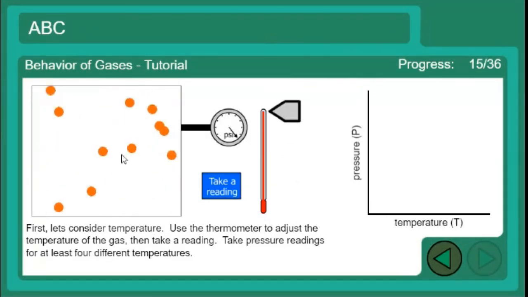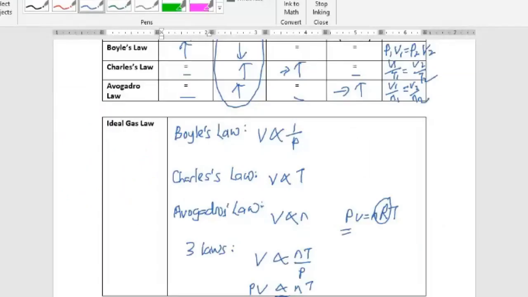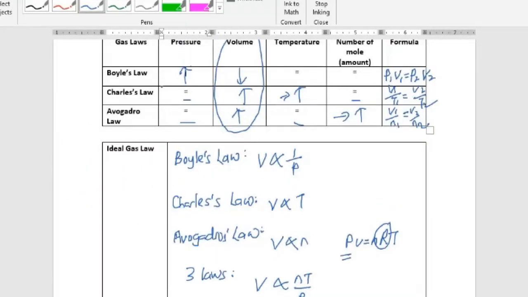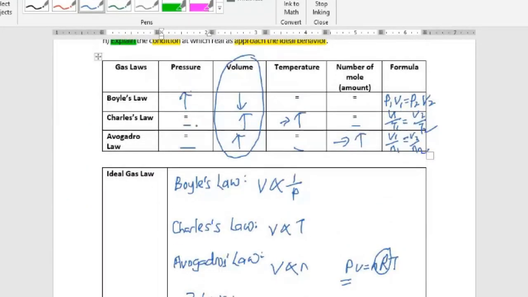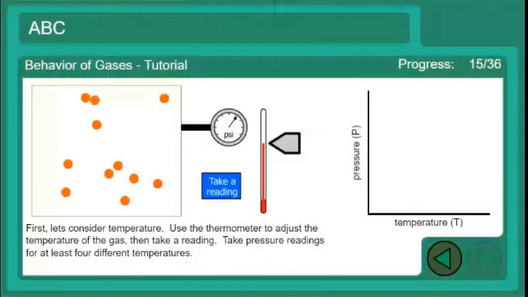So pressure and temperature are directly proportional. Which law applies? It is not Boyle's law, Charles' law or Avogadro's law. Okay, next, continue.